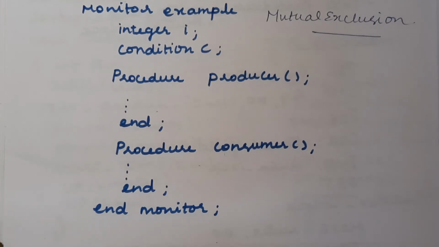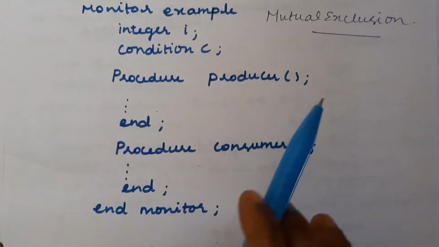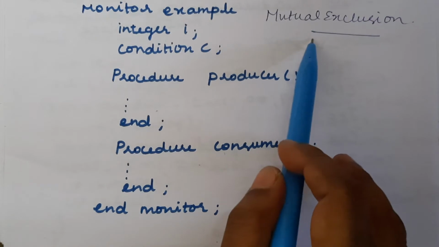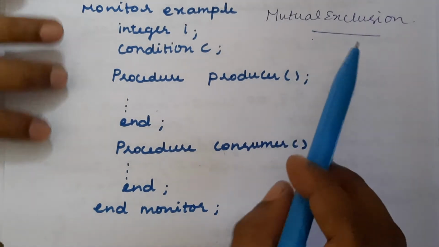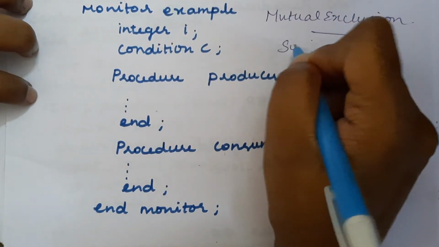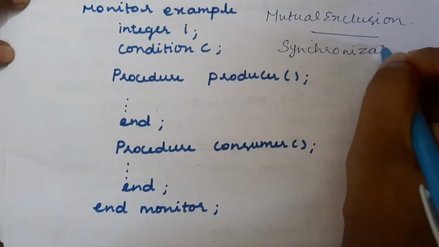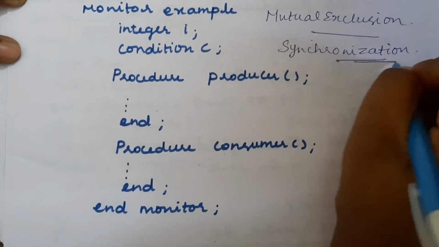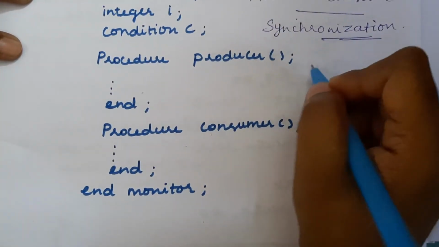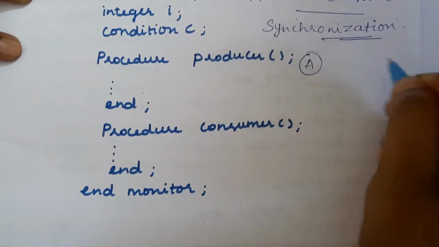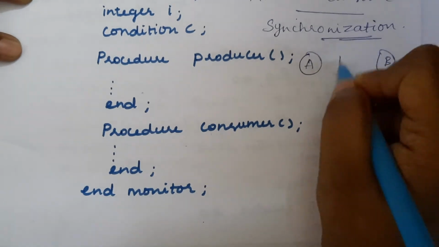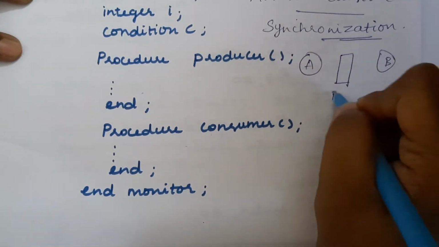Even though we have achieved this condition, the next problem is the synchronization problem, isn't it? So we should concentrate on synchronization also. Again take the producer-consumer process: there is a producer and a consumer, and in between we have the buffer.